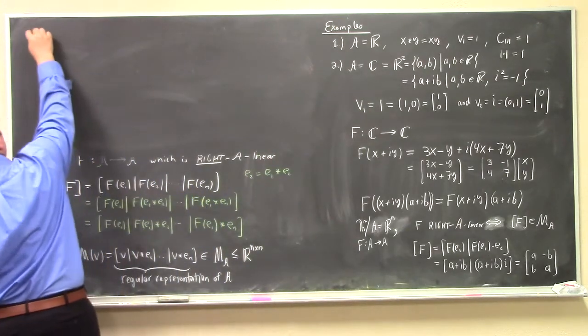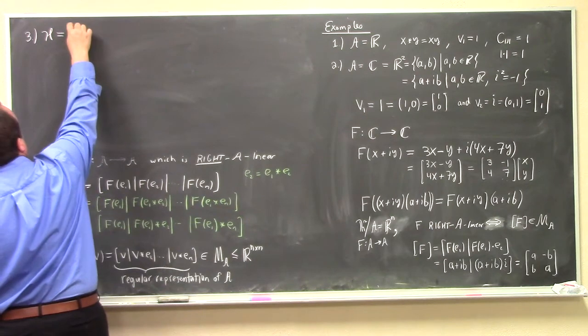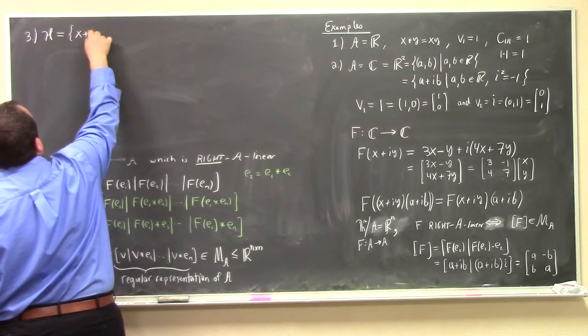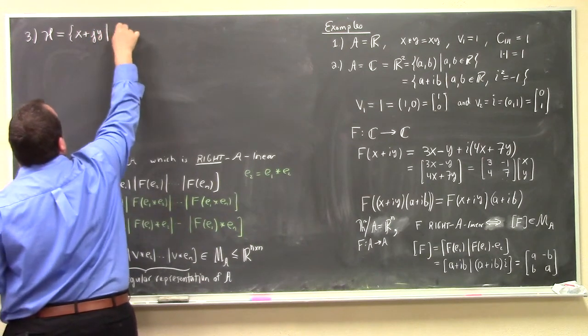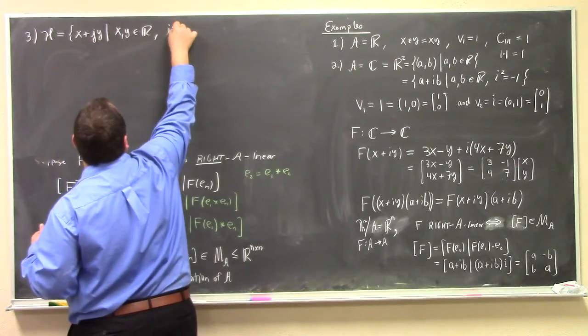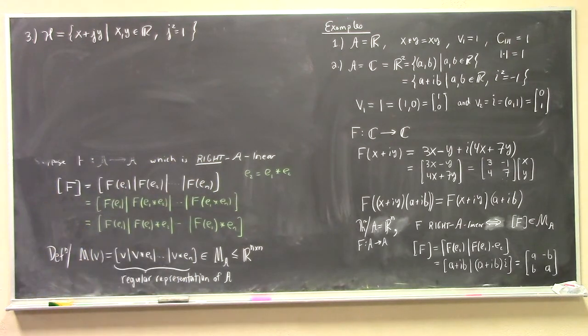So example 3, I call it H. This is the set of x plus jy such that x and y are real numbers, and j squared is equal to 1. Now, if you doubt the existence of such a formal system, it's a relatively simple matter to define H as R2 as a point set.